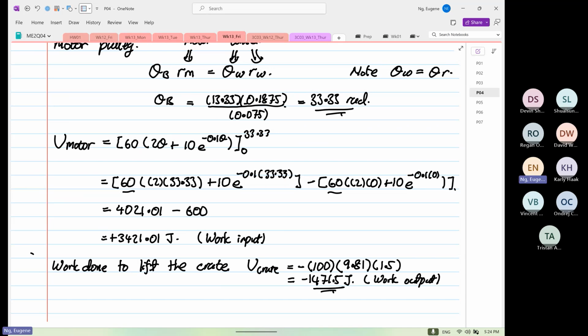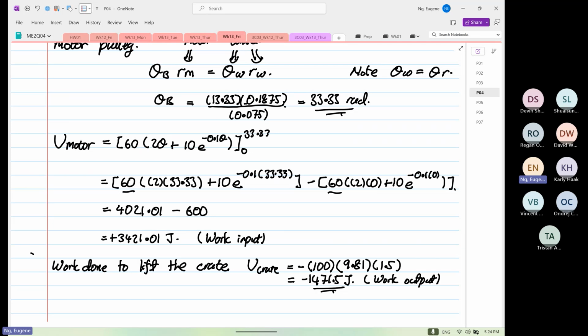So the motor provides the input, and what we are doing is to lift the load. Okay. And whatever the remainder is going to be used to what? Generate velocity on our crane. Okay.